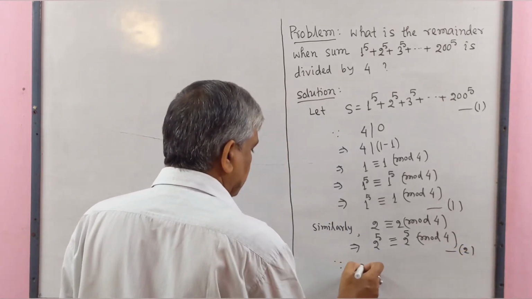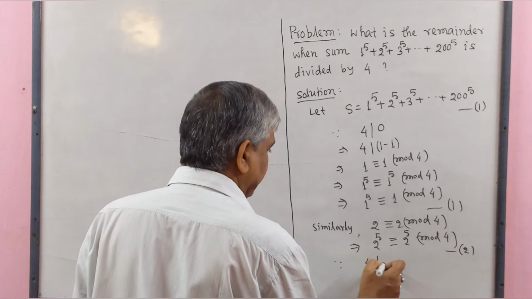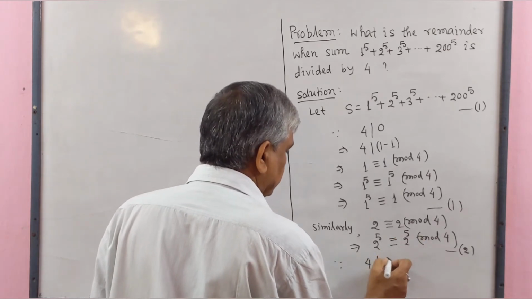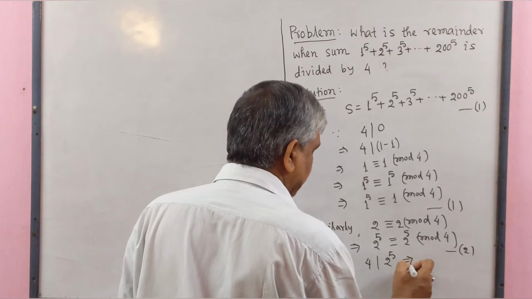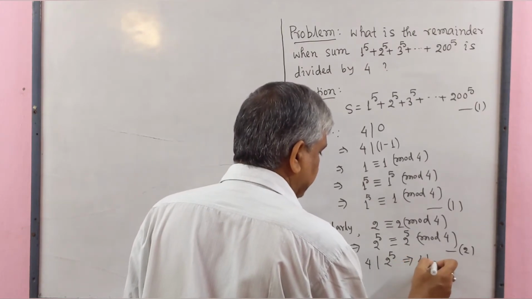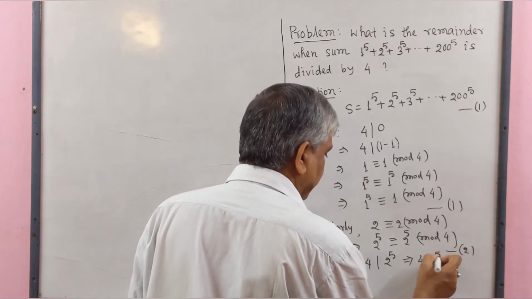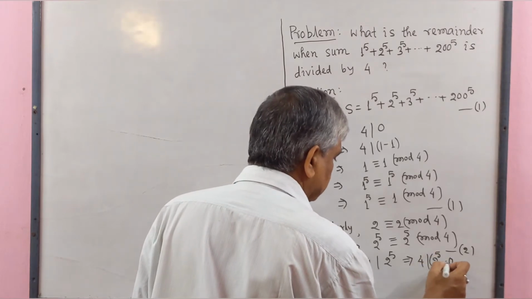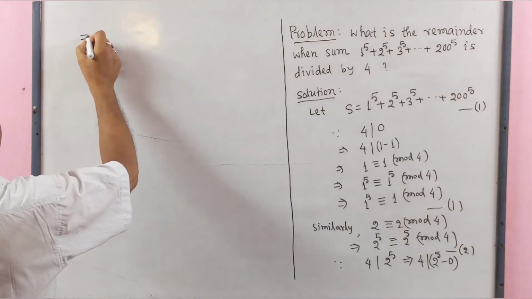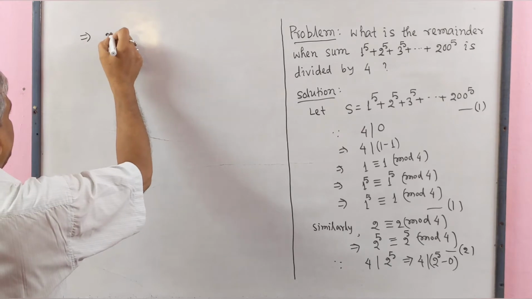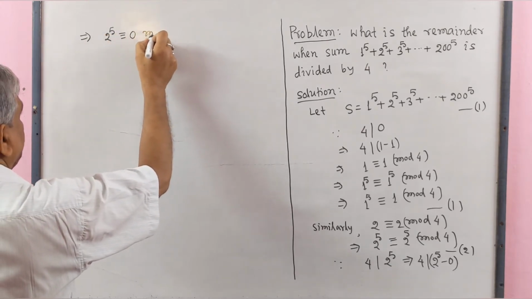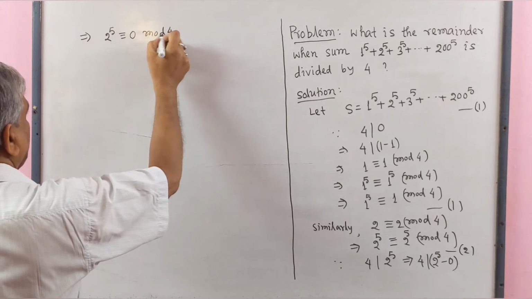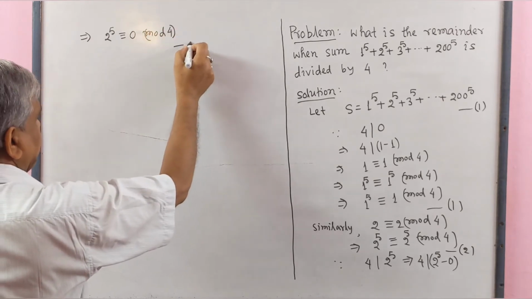Since 4 divides 2 to the power 5, implies that 4 divides 2 to the power 5 minus 0, implies that 2 to the power 5 is congruent to 0 modulo 4. Let this be number 3.